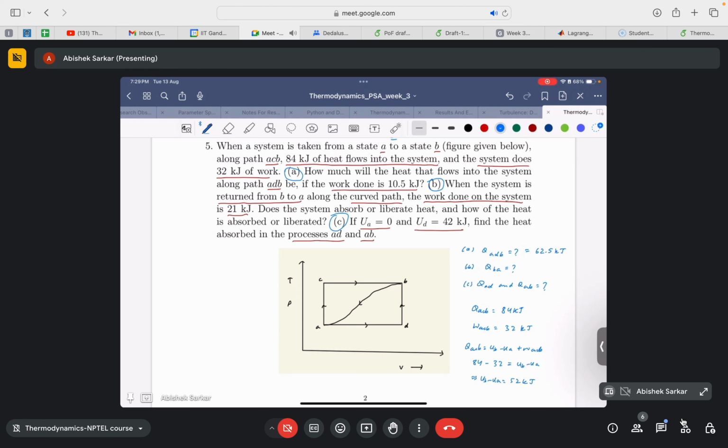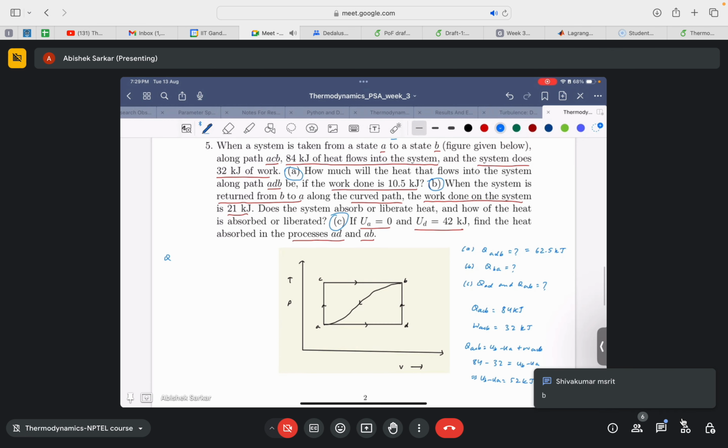Okay. So now if you are going to a different part, then QADB minus WADB is equal to UB minus UA. Now you are seeing why I am taking the state points UB minus UA, because you know that internal energy is a point function or a state function, depends on the state rather than the path followed.